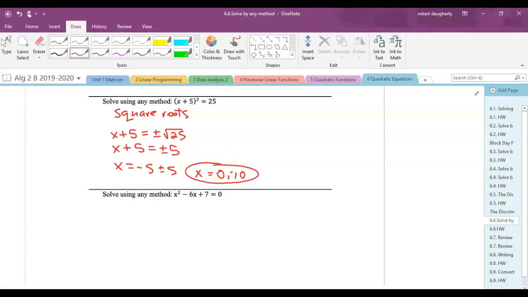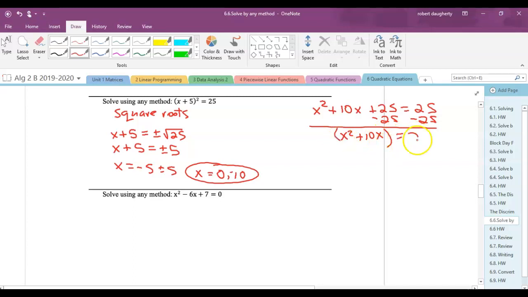Now, I could do this: x squared plus 10x plus 25 equals 25. I could expand that out and subtract 25 from both sides, so I get x squared plus 10x equals 0. I could factor this using the greatest common factor. What's the greatest common factor? X. So x times x plus 10 equals 0.